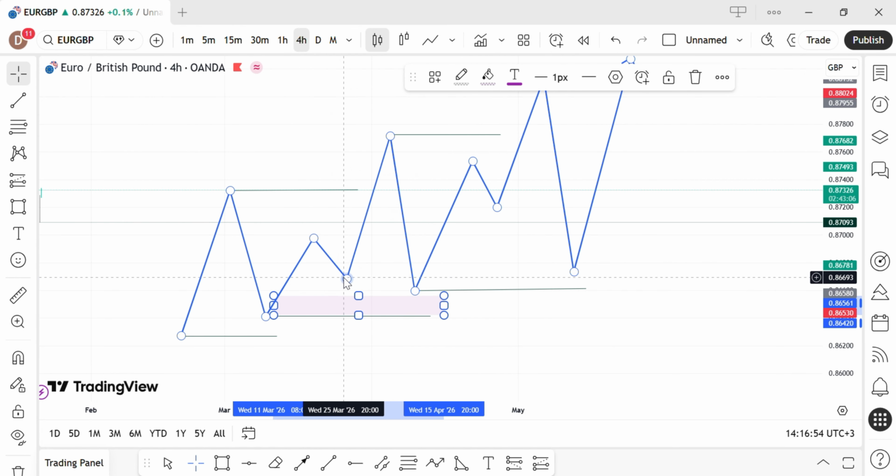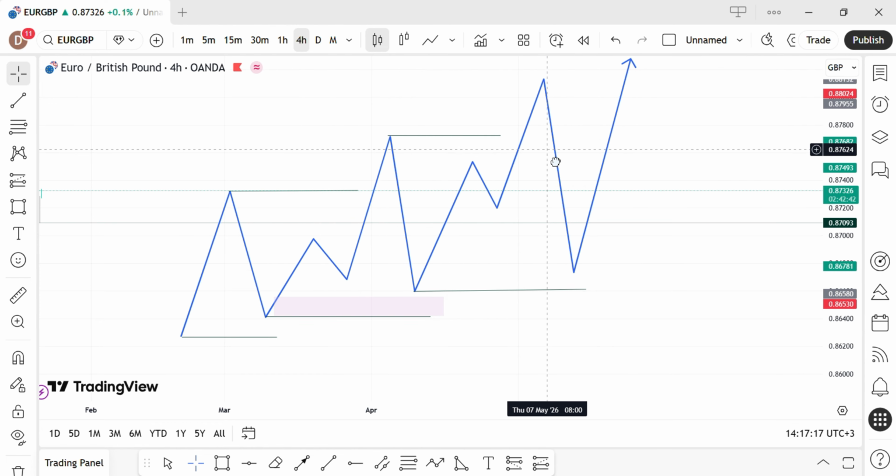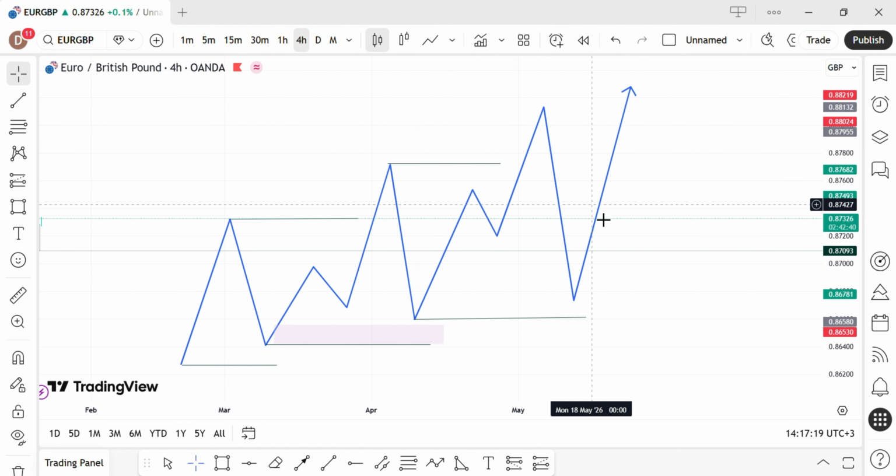About liquidity, this is liquidity. Liquidity is an inducement where the market creates some lows to fool us retail traders into taking buys. When you see some traders took buys immediately as the market reached this point and they were taken out, the market likes that so much, to take them out so it can continue to move where it wants. Same with this.